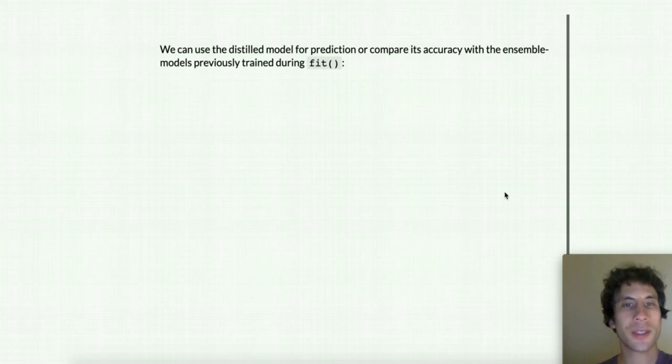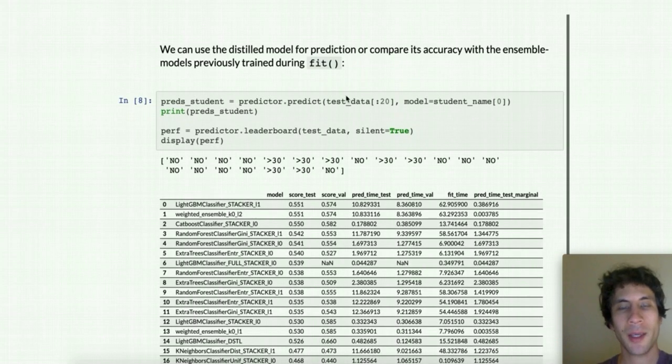We can use this distilled model for prediction and compare its accuracy with all the models previously trained during FIT. Here we use it for prediction, where the student name was returned by the distillation function previously. And we can also call leaderboard. Now this distilled model will be included in the predictor object.